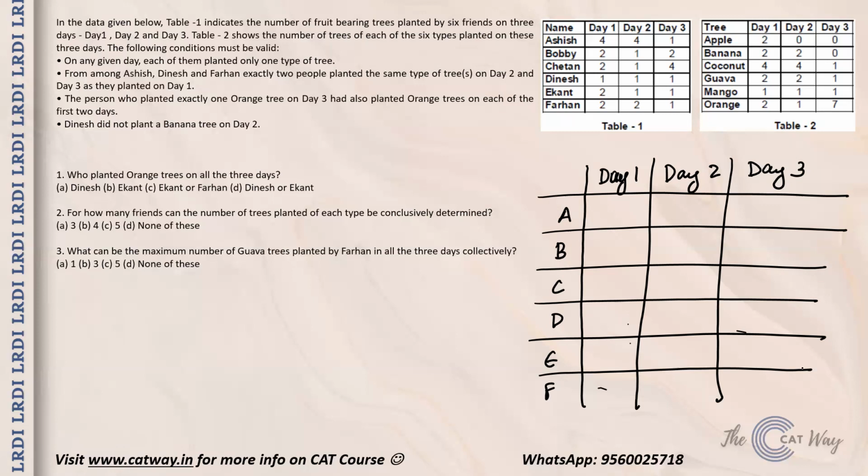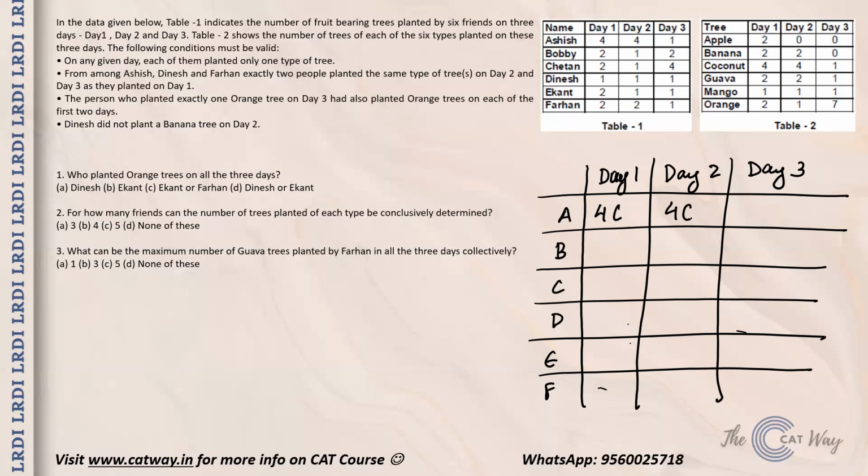All the 4 trees are going to be of the same type. Since there are no other trees that were planted 4 or more in number, it is certain that all the 4 trees planted by Ashish were coconut. In the same way, day 2 for Ashish will also be 4 coconut trees.